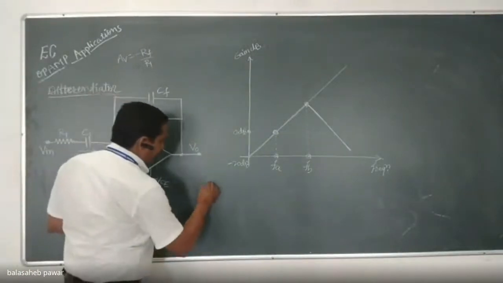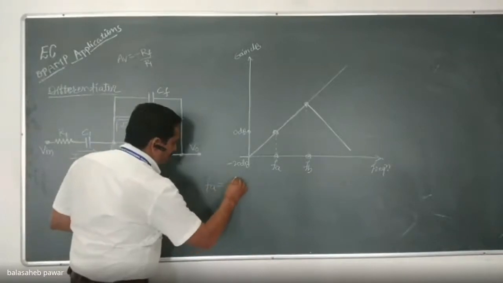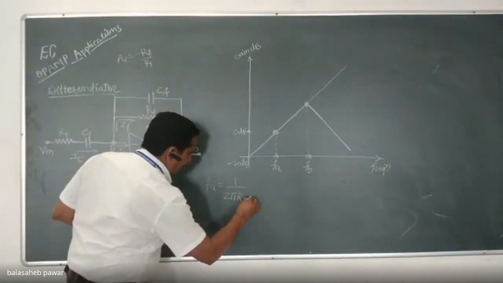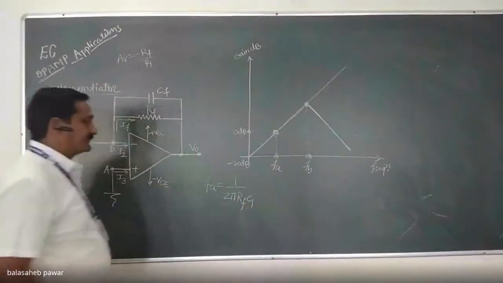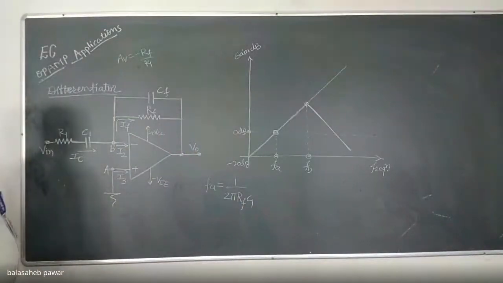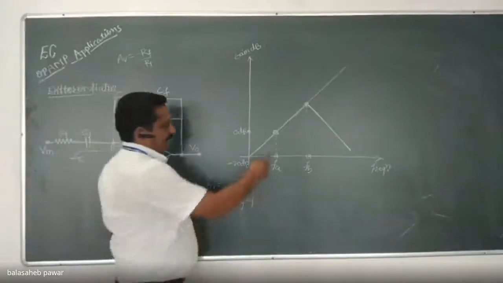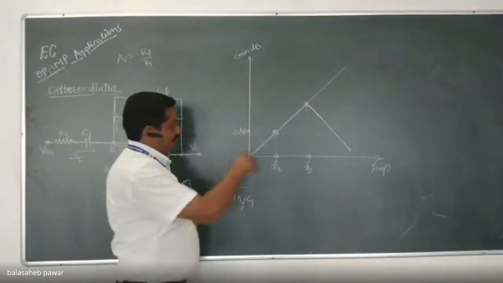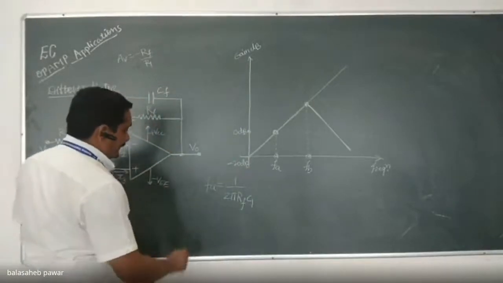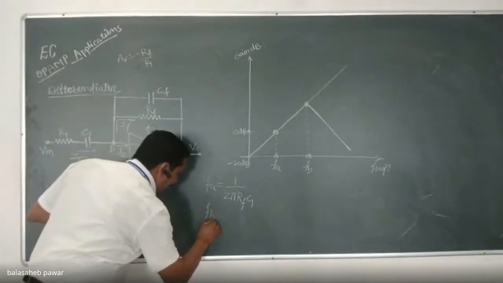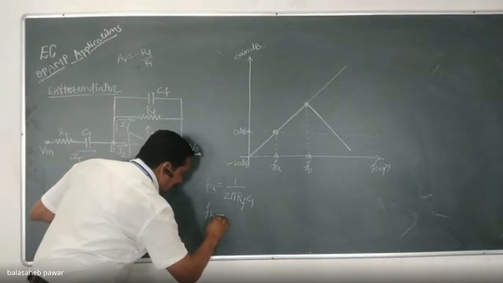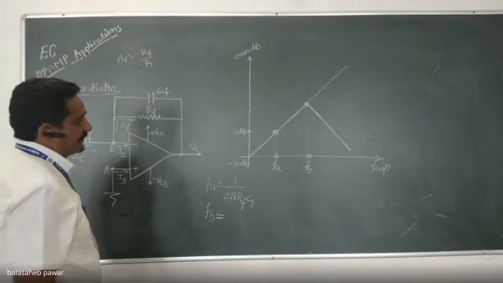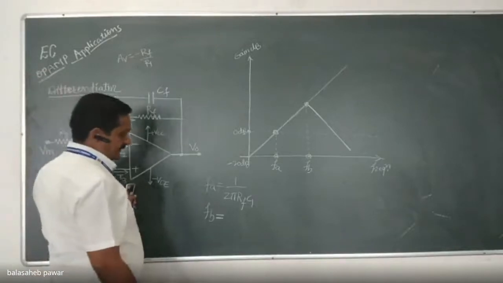Same as our practical integrator, FA is equal to 1 upon 2 pi RF into C1. By this formula, we can easily calculate the frequency at which the gain of the differentiator becomes 0 dB. Similarly, FB is the frequency after which the gain of the differentiator starts to decrease.